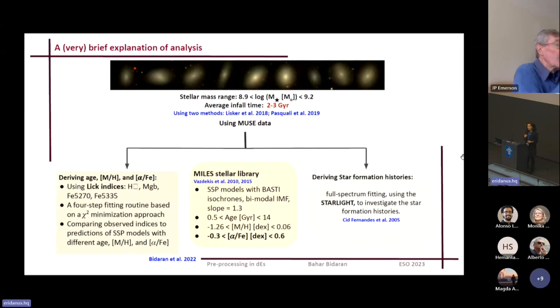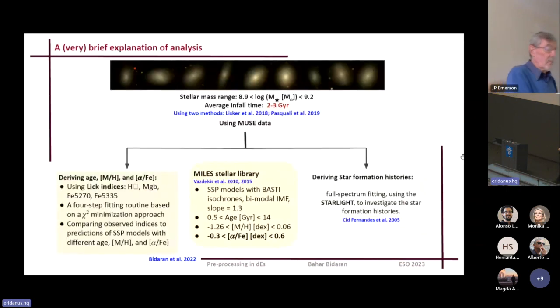Two sets of analyses have been performed on these galaxies, one based on the Lick indices, which is a pretty common way of analyzing stellar populations when you have high signal to noise data. And in this case, we had MUSE, which provided us a signal to noise of more than 100, even in the outer skirts of these low mass and low surface brightness galaxies.